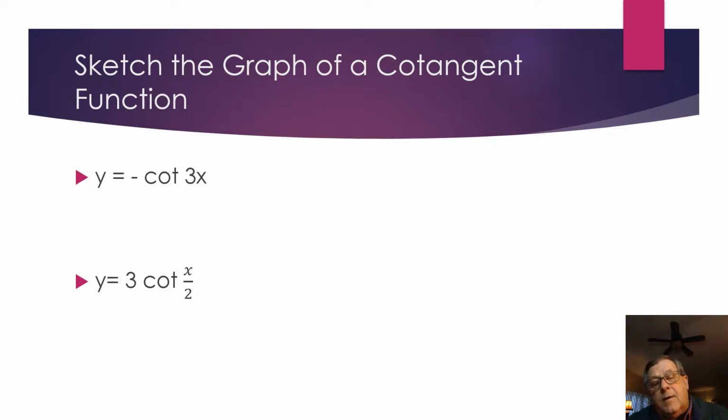But as we consider that, let's think about the cotangent itself. The cotangent is the reciprocal of the tangent function. If I go back to SOHCAHTOA, I know that the tangent function is the opposite side of, let's say, theta over the adjacent.